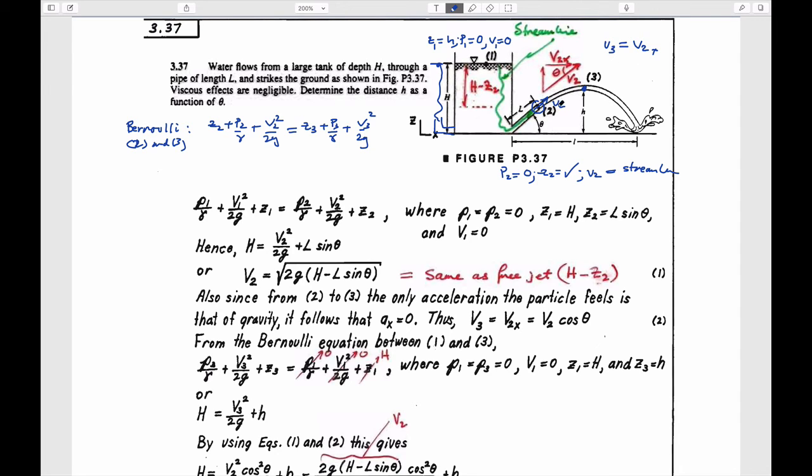So it's moving at this velocity v2 here. It's like a ball being thrown across the room that doesn't have any drag attached to it. It's going to be going at the same velocity all the way across the room. It will also be dropping with time, but it will be going at the same velocity. So if we know that v3 is equal to this, because we know what v2 is, then we know this. We know this, and we solve for z3. That's one way to do it.